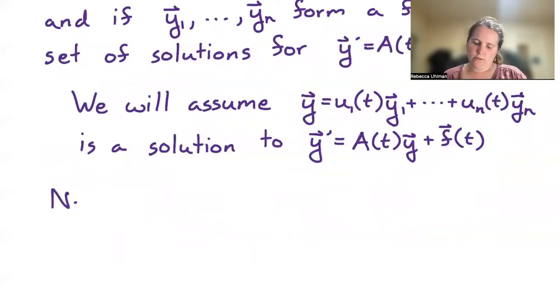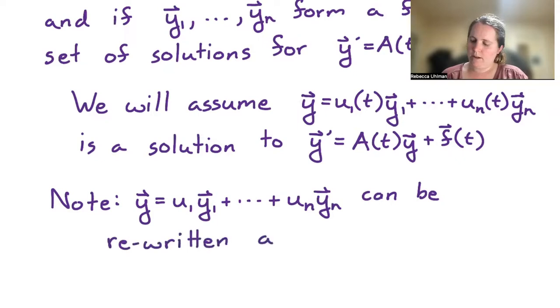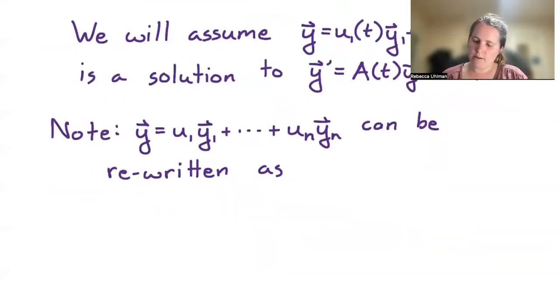Note that y equaling u1 times y1 plus all the way up through un times yn can be rewritten as y is equal to the matrix capital Y of t times the vector u of t.